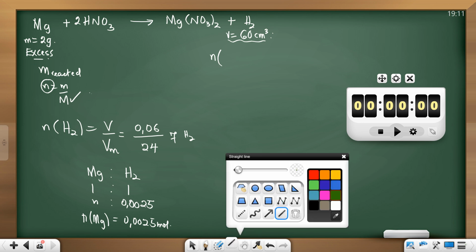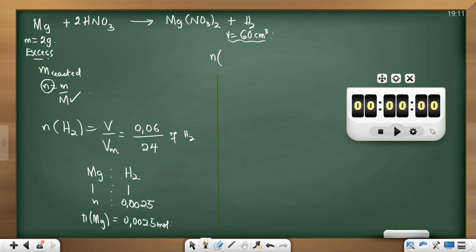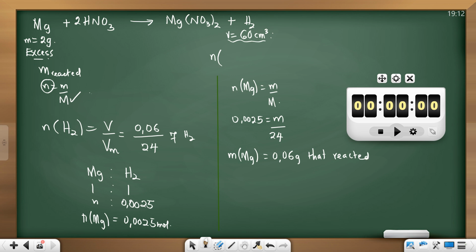Since that is what reacted, now we calculate the number of moles. Number of moles of Mg is mass over molar mass. 0.0025. I don't know the mass. Please multiply for me. Mass of Mg is what? That reacted. So this is what reacted to produce that.